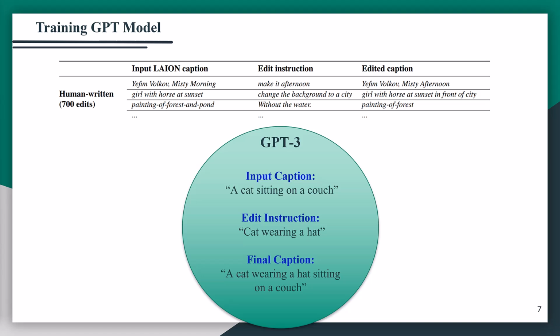The edit instruction can be a cat wearing a hat, and the final caption will be a cat wearing a hat sitting on a couch. So this is the whole process. Now the GPT-3 model is trained.